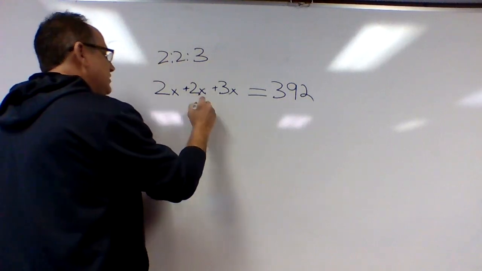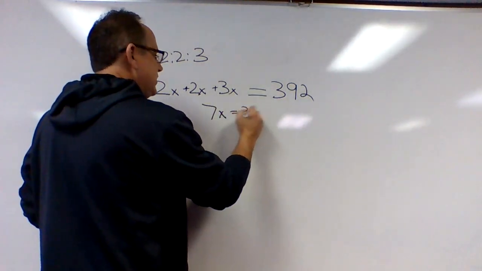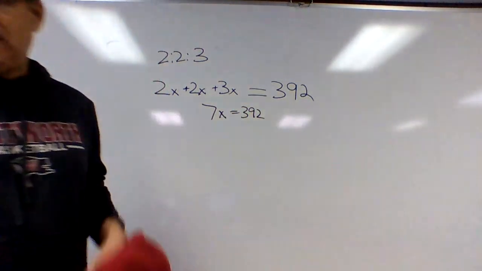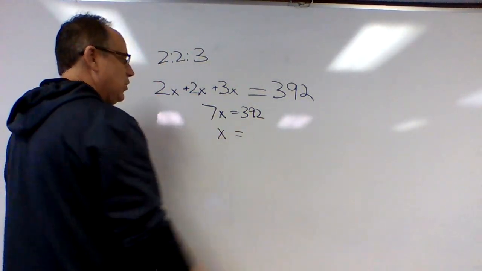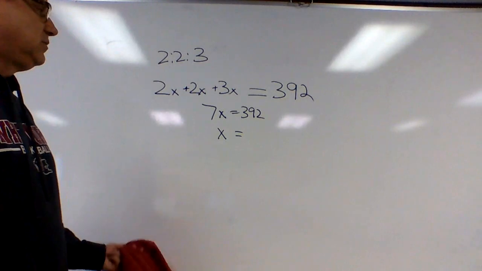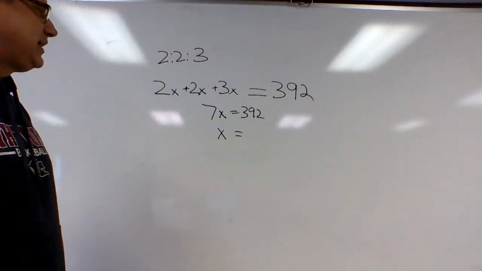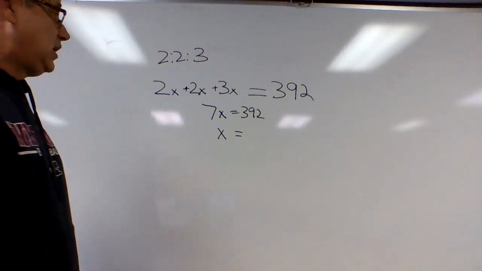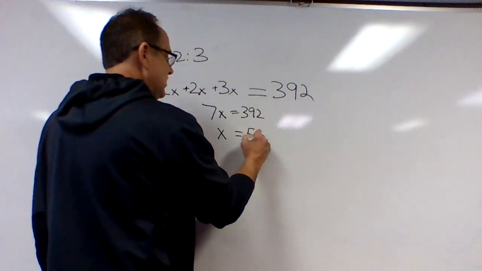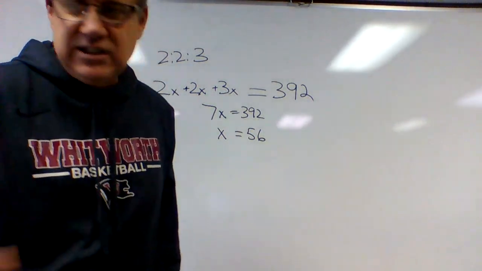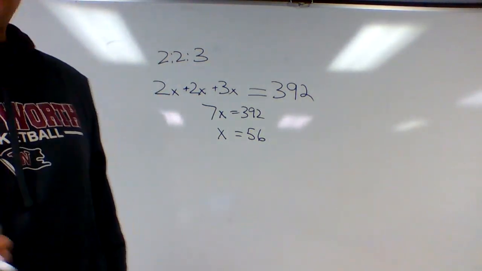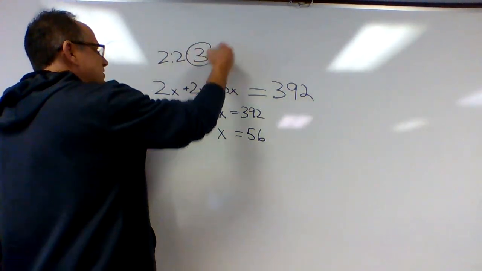2 plus 2 plus 3, 7x equals 392. And we come up with x equals, what is 392 divided by 7? I believe it's 56. So then the ultimate question is, find the length of the longest side.